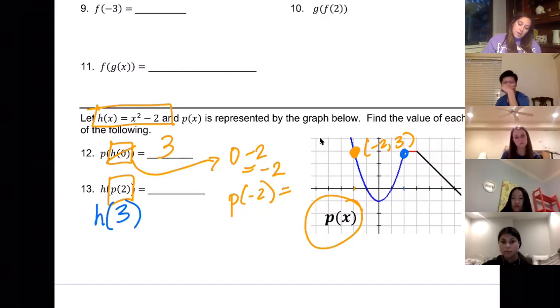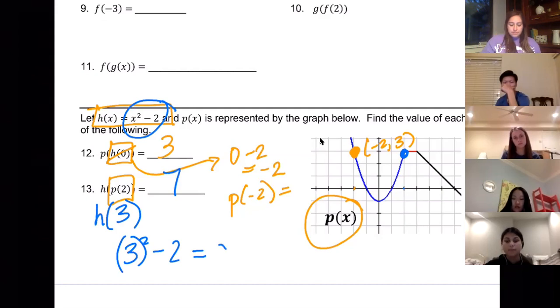And then I'm going to plug in 3 into my equation. So 3 squared minus 2, which would give me 7. Good question. Thank you.